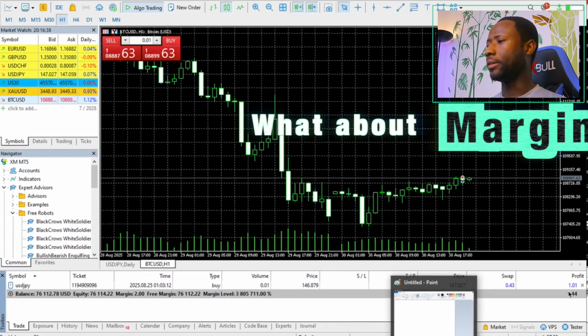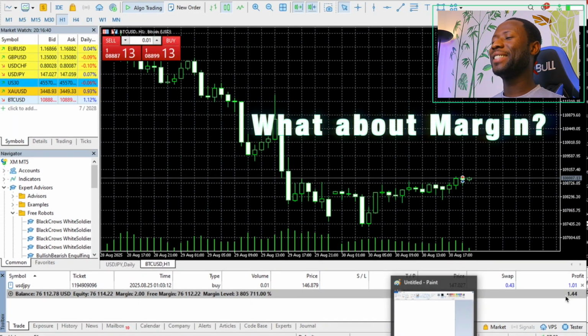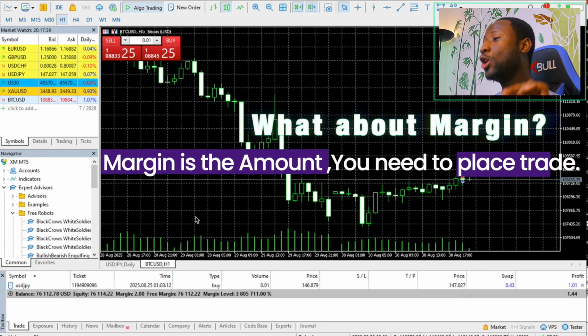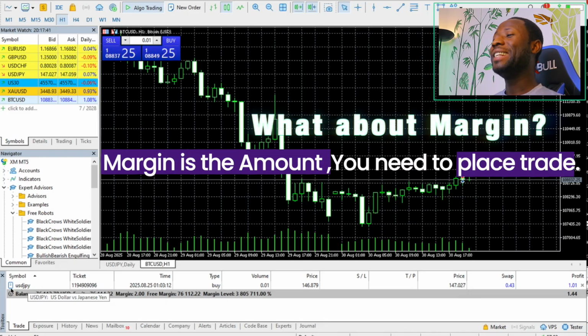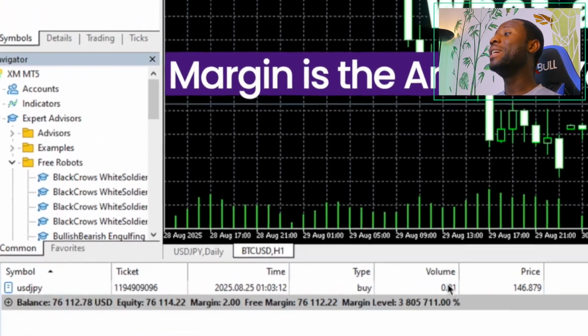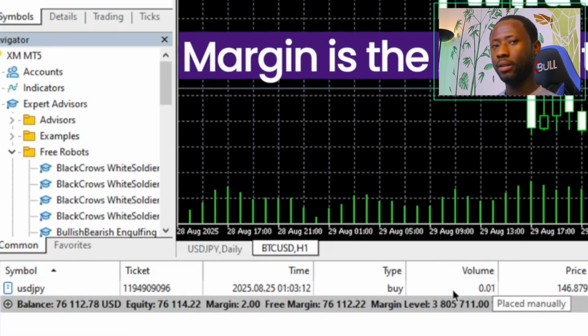So what about margin? Margin is very, very simple, and I think that's where the tricky part comes in. Margin is the amount of money that you need to open the same trade you have here on this asset with the same lot size.